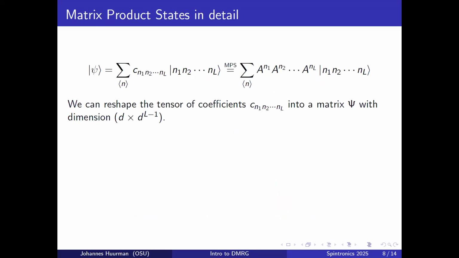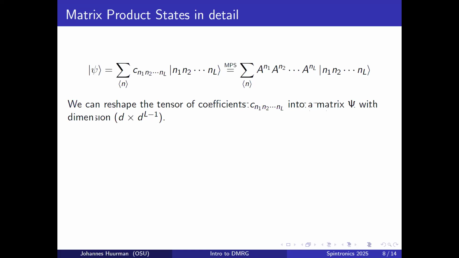These wave function amplitudes are exceedingly complex for large systems. This is the problem with these kinds of quantum systems, that the tensor of coefficients, the wave function amplitude, grows exponentially with the size of the system.